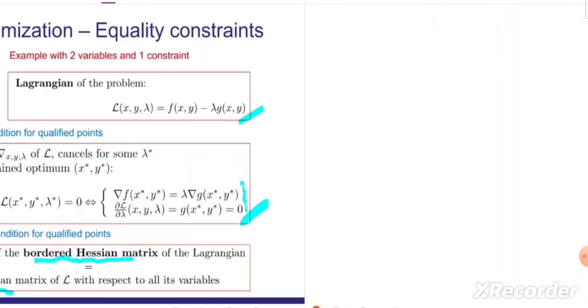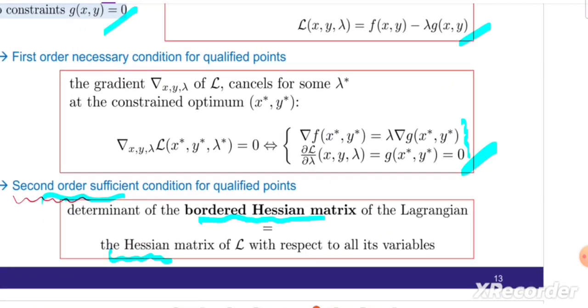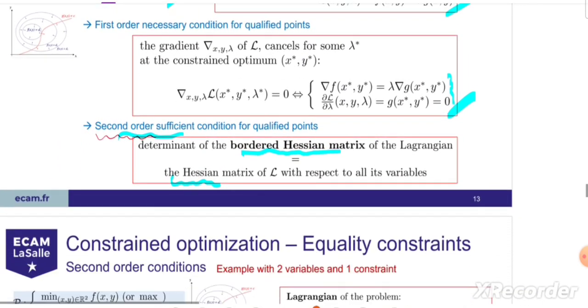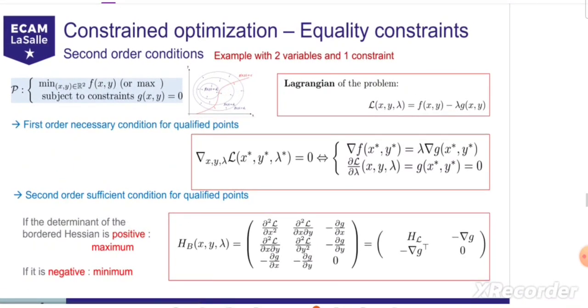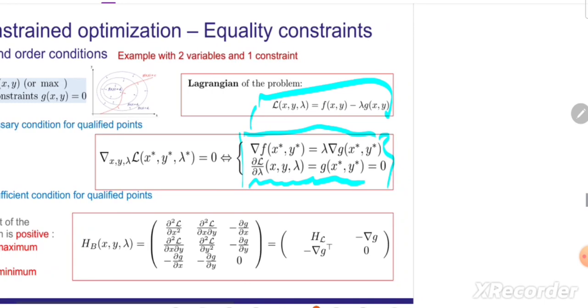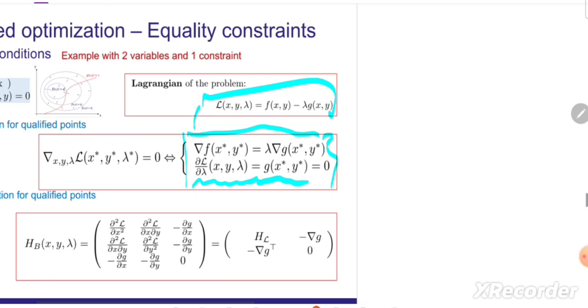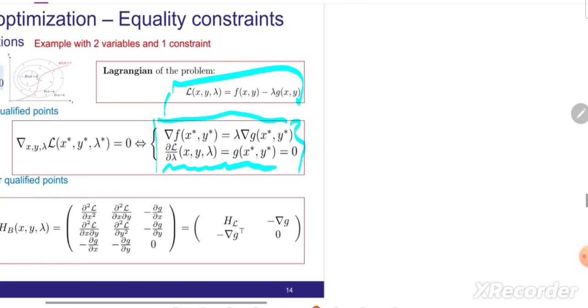So we've got three variables: x, y, and lambda, the Lagrange multiplier. What does it look like? If you make the Hessian of this Lagrangian, what are you going to get? In your Hessian matrix you should have derivatives of order 2, and derivatives of order 1, that's the gradient that I have.